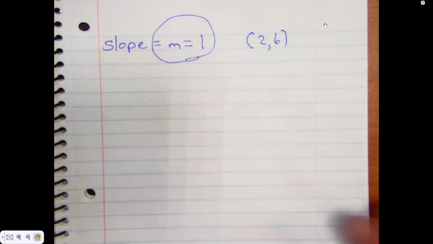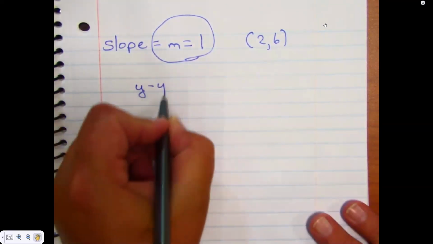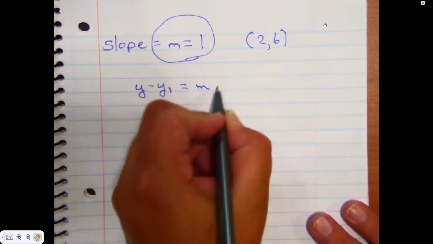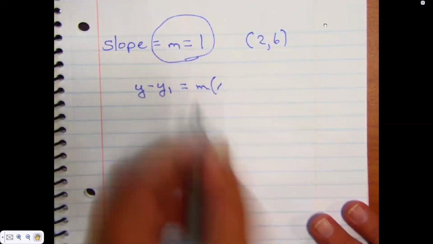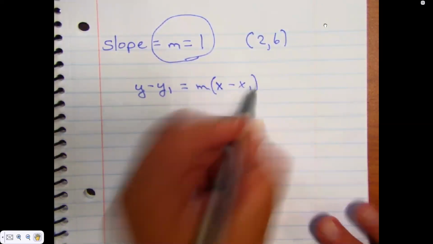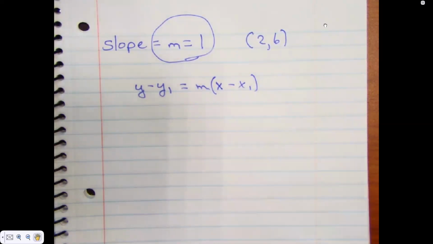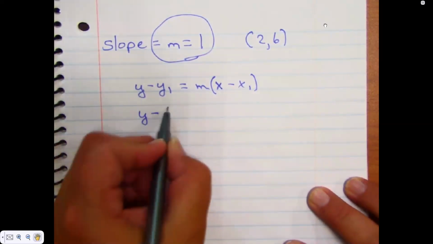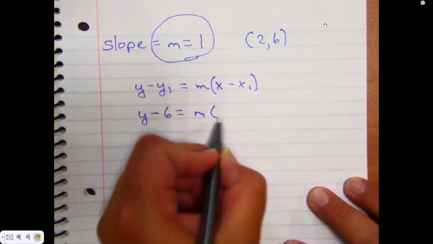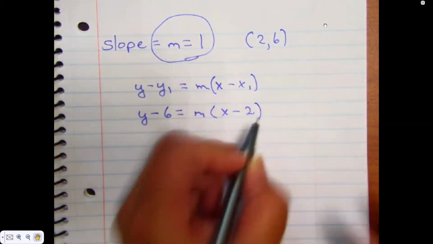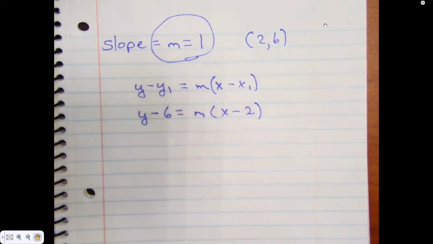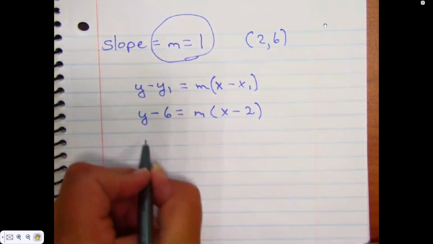Look at how much I had to begin with. y minus y1 equals m times x minus x1. From the beginning, I knew it was going to be y minus 6 equals m times x minus 2. But what did I do all that work for on that other page? Slope, which was a beautiful answer of 1.